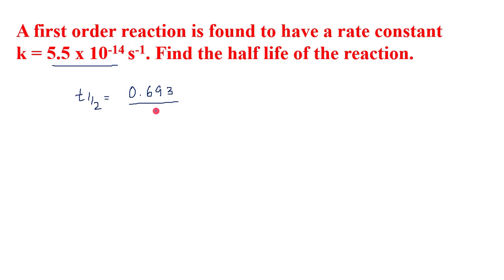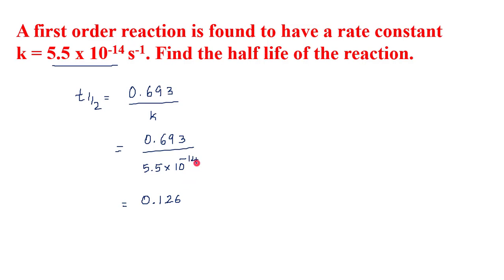0.693 divided by K. That is equal to 0.693 divided by, what is the K value given? 5.5 into 10 raised to minus 14, right? So 0.693 divided by 5.5, you will be getting 0.126.